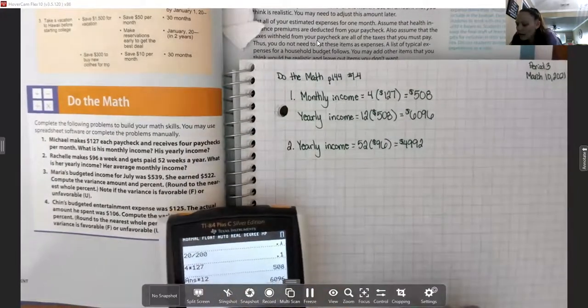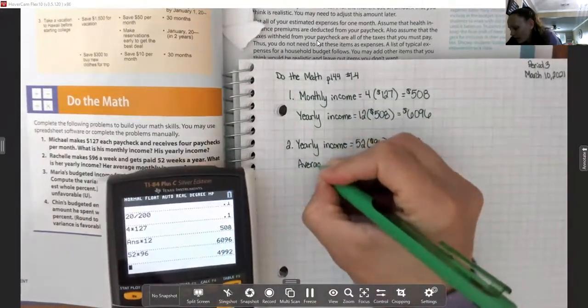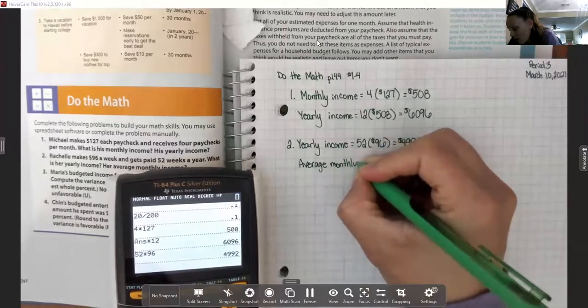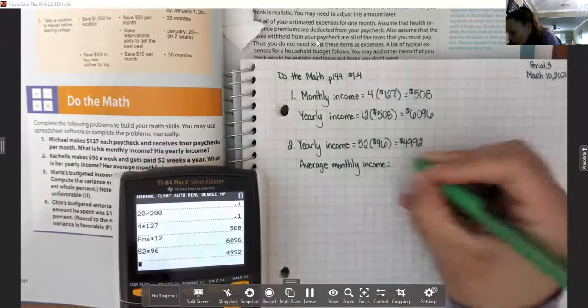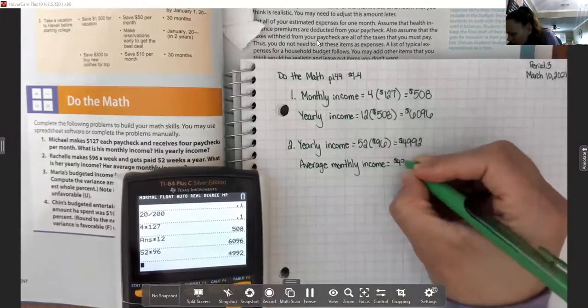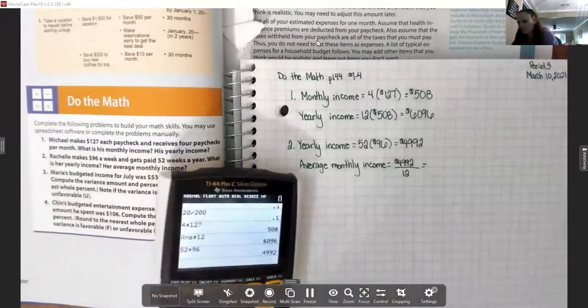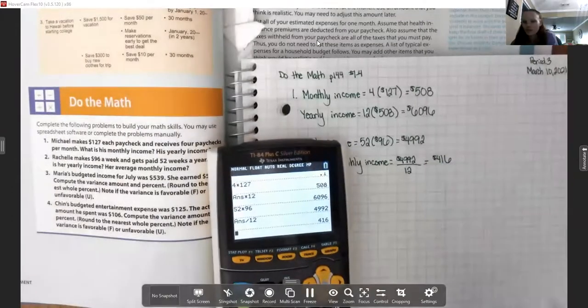And then we also want to know her average monthly income. Average is you take the total and divide by how many of whatever there are. So in this case, her total is $4,992 divided by 12 months. So that's $416 each month.